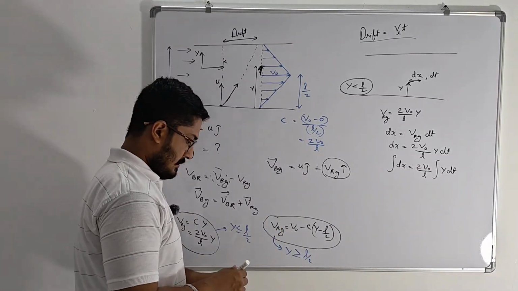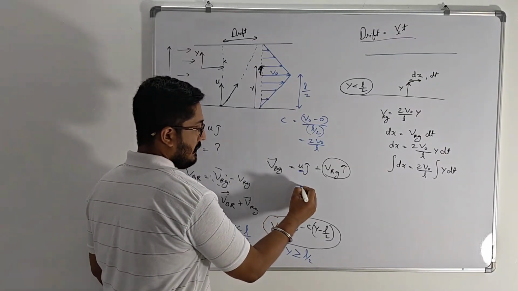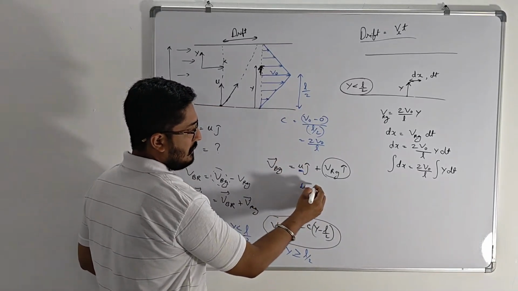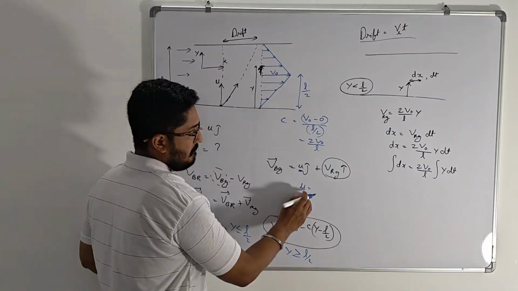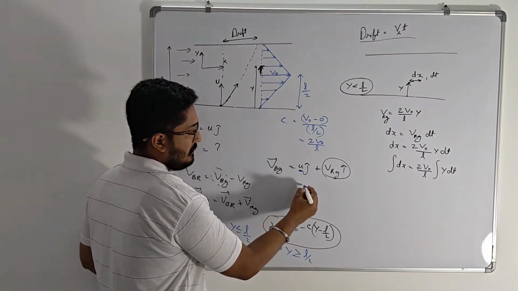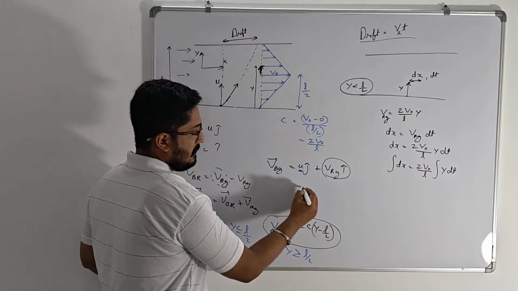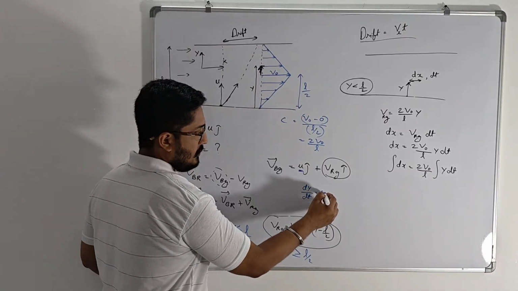This speed in the vertical direction can be written as u, which is the vertical distance covered by time, which is a constant actually. So can I write it as dy by dt equals u?